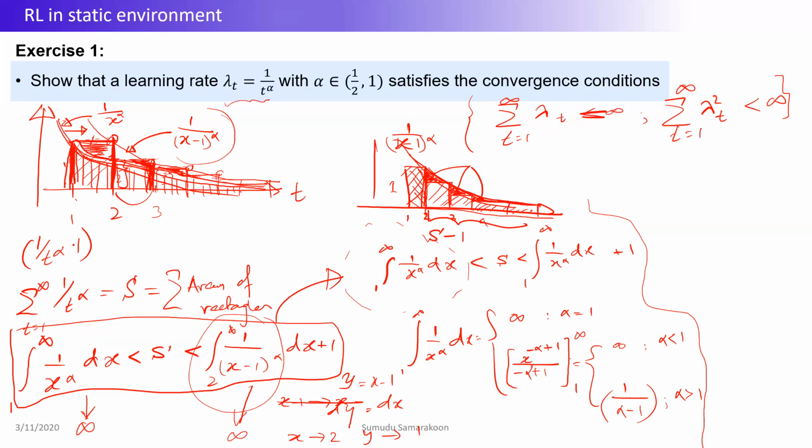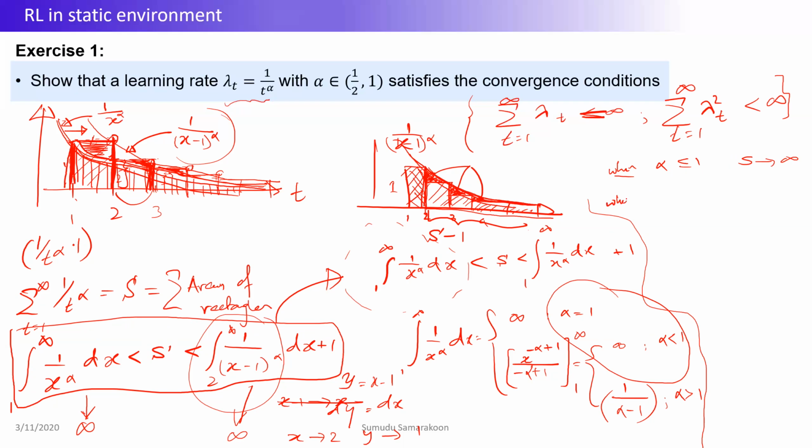By looking at these two sections, we know when alpha is less than or equal to 1, S goes to infinity, because of the theorem known as the sandwich theorem. Your lower bound goes to infinity, your upper bound goes to infinity, so basically S needs to go to infinity as well.